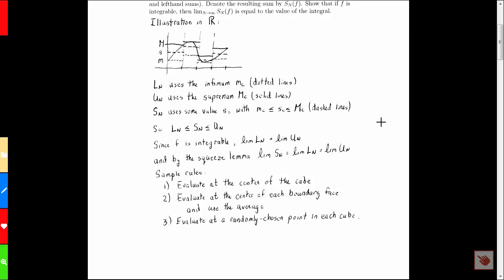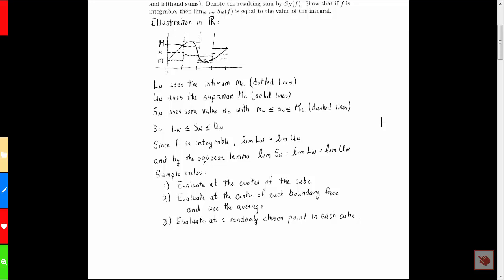We're assuming that f is an integrable function, so as n goes to infinity, L sub n and U sub n approach a common limit. By the squeeze lemma, the sum S sub n is squeezed between those two and approaches the same limit. This reasoning applies in any number of dimensions and to any conceivable rule.